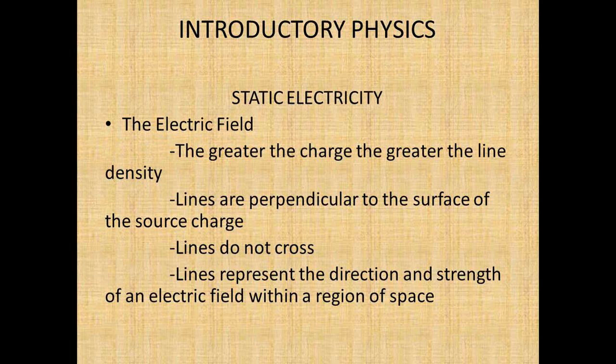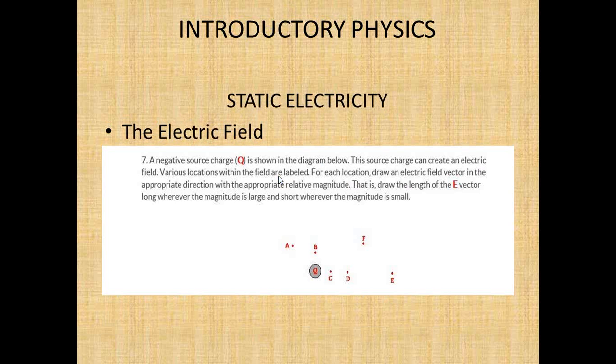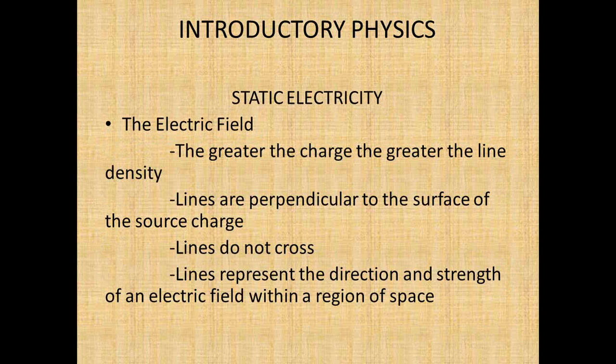Continuing with our electric field lines, the greater the charge, the greater the density of the lines. The electric field lines will give you a lot of information. Remember what we said: to determine the direction of the electric field lines, you have to think in terms of a positive test charge.